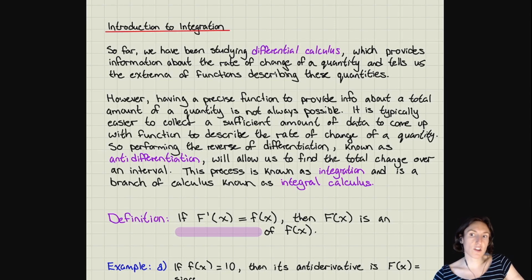It's typically a lot easier to get data that tells us how a function would change with respect to time or with respect to something else. So if it's easier for us to find how something is changing, and we could do the reverse of differentiation, then we could figure out the function itself.